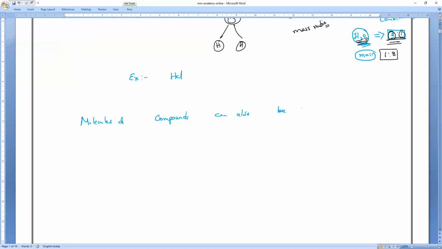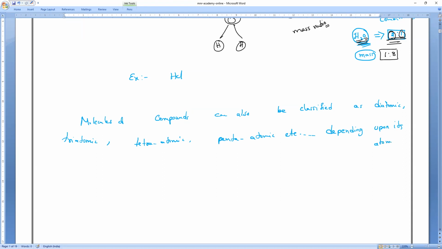They can also be classified as diatomic, triatomic, tetraatomic, pentaatomic, etc. Not required. So depending upon its atomicity. So atomicity is for both molecules of elements and molecules of compounds.